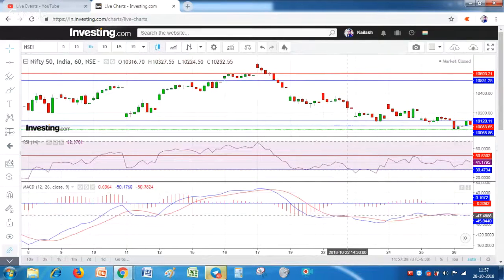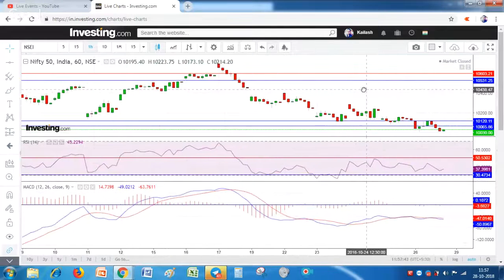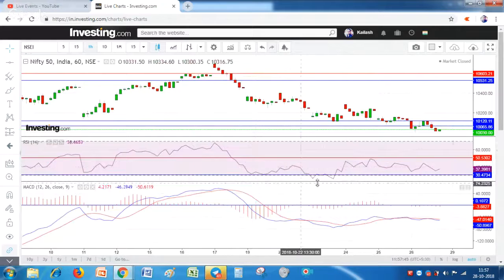We will take an exit only once MACD gives us a bullish crossover, or RSI goes below 30 and then comes back above 30, or gives movement above 50. Only then can we take an exit. So far it has not given one.